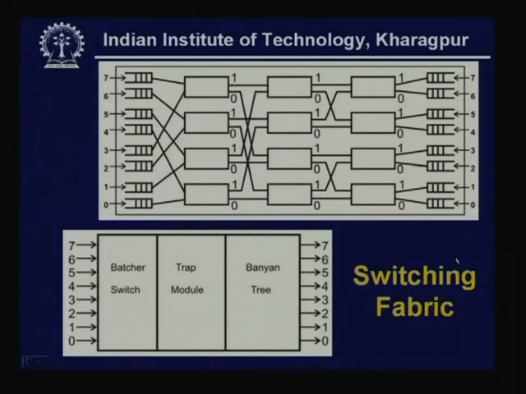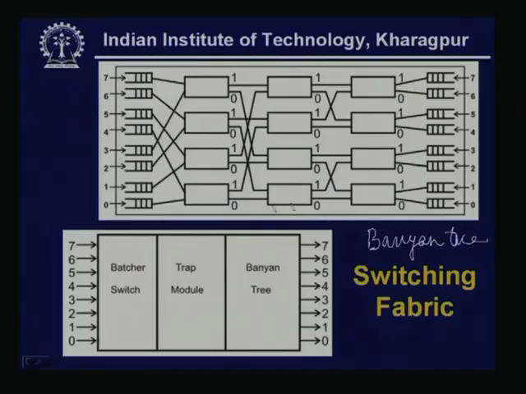One type of switching fabric that we have already discussed is the Banyan tree. So, this is the Banyan tree shown, and it has 8 inputs and 8 outputs. As you can see, the cells are arriving here and can go to any one of these lines.